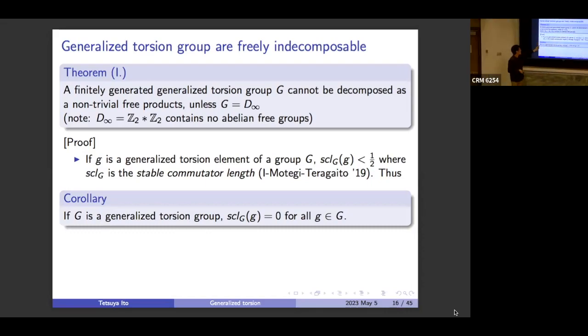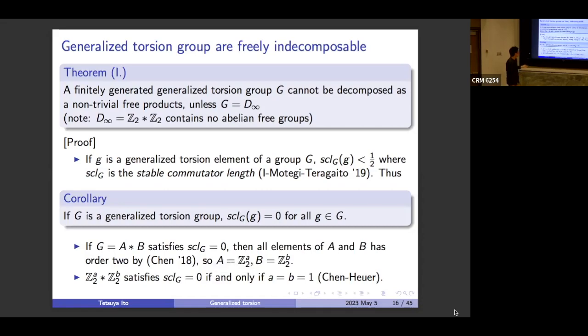In particular, if this is a generalized torsion group, then such a group has trivial stable commutator length. Such classes of groups have been actively studied. Then, if the group Z is a free product, such a group is very limited, and using some results on stable commutator length, we conclude that the only exception is the infinite dihedral group.